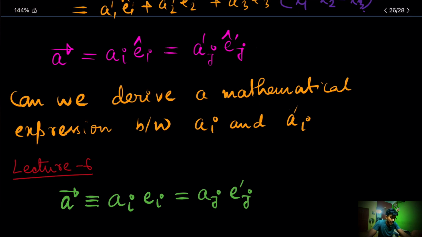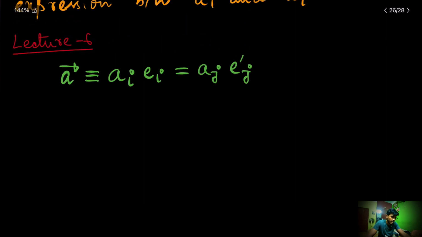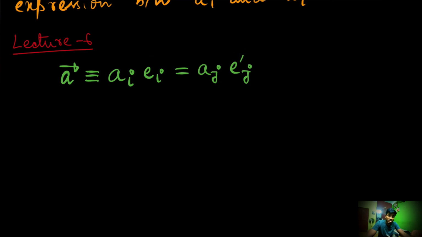I was writing the cap here to indicate the unit vector, but just for simplicity I am omitting that cap. Still, these are nothing but the unit vectors in different coordinate systems. This ei and ej dash are nothing but the unit vectors in different coordinate systems, okay.